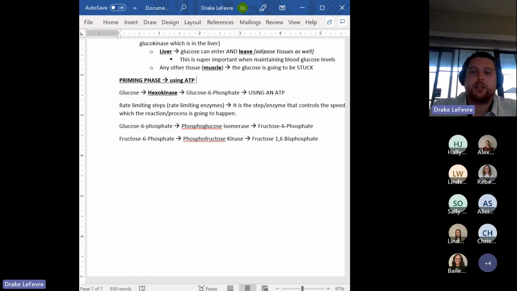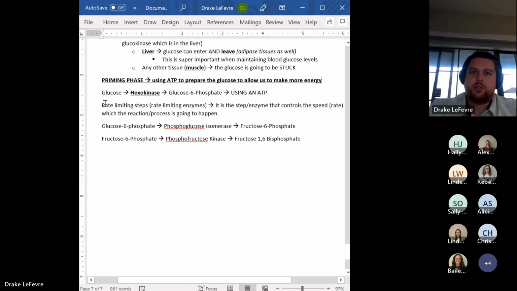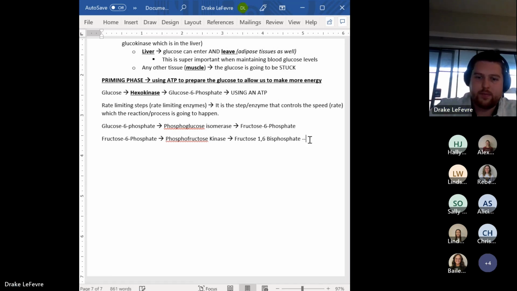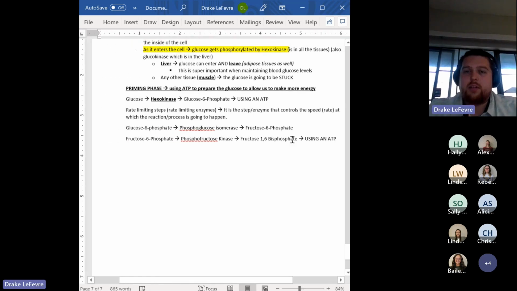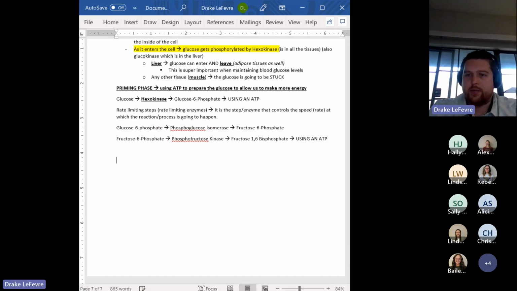So we're using energy to prepare the glucose to allow us to make more energy. So these two kinases, our hexokinase and our phosphofructose kinase, both use an ATP.